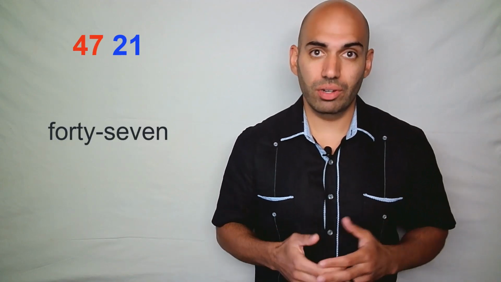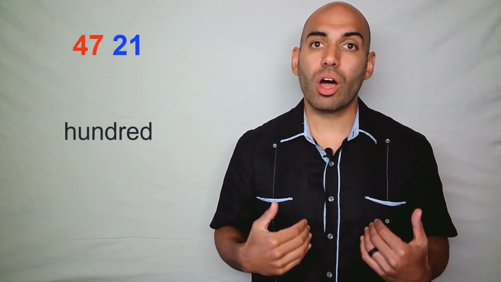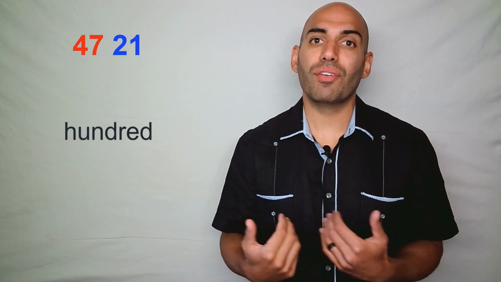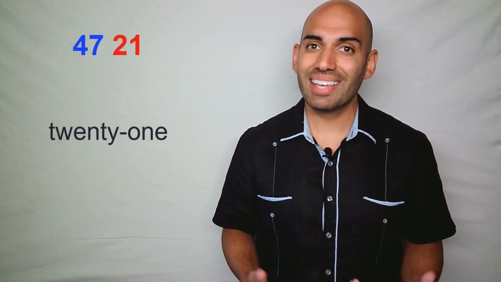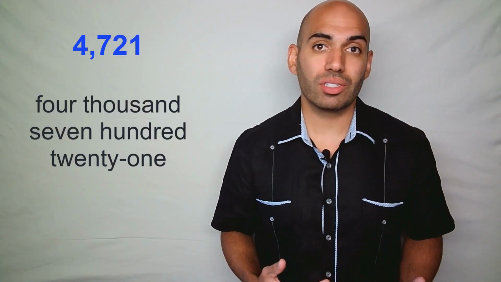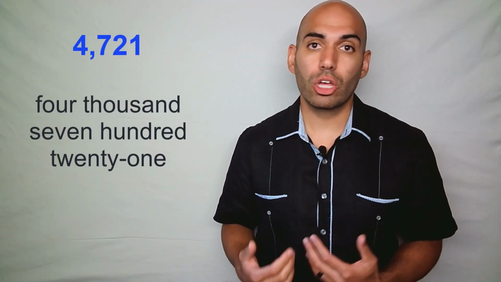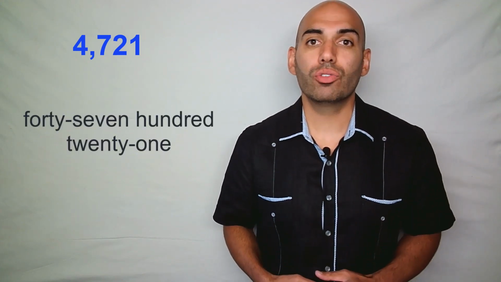So what did I do there? I broke the number into 2 parts. I said the first 2 numbers together, 47. I said the word hundred, and then I finished with 21. Again, this number is 4,721 or forty-seven twenty-one.